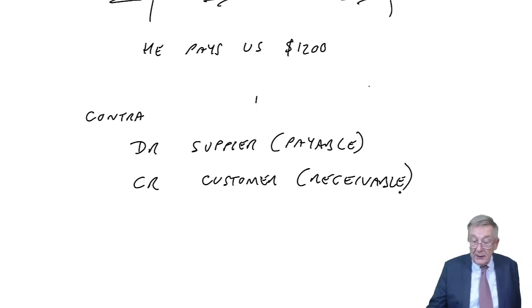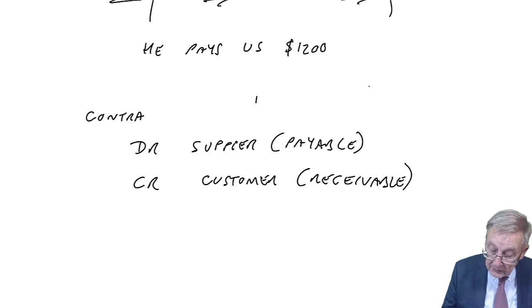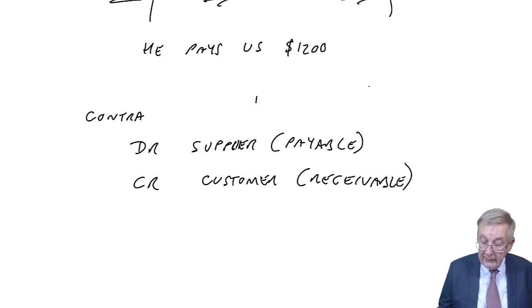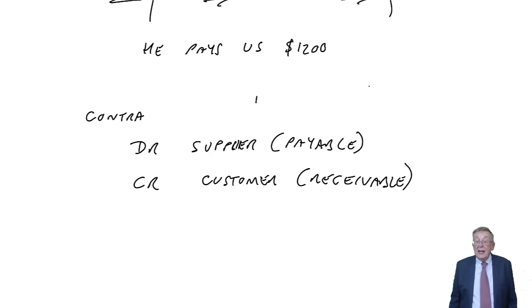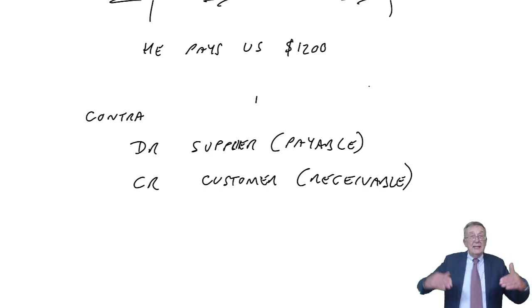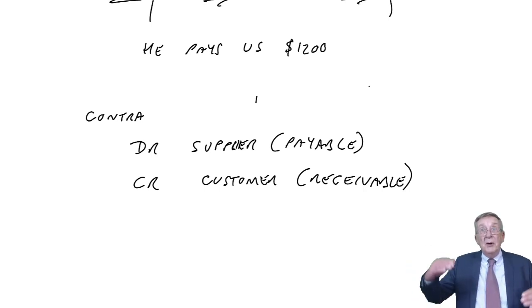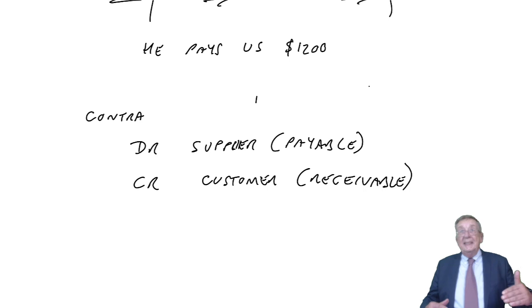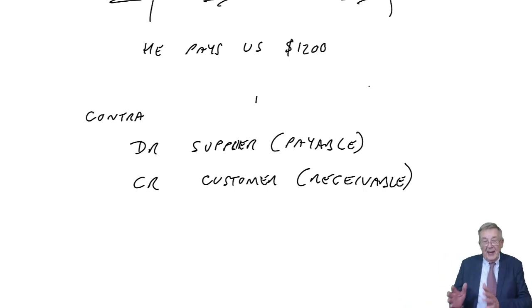Always the same, and I still can't spell supplier. I keep missing the L out. Well, there it is. But it's always the same. We owe the supplier less, customer owes us less. It doesn't matter who was owing more to who. And that, the cash, either we pay them the balance or they pay us the balance. But there we are.